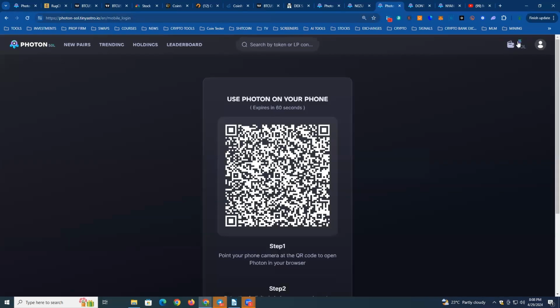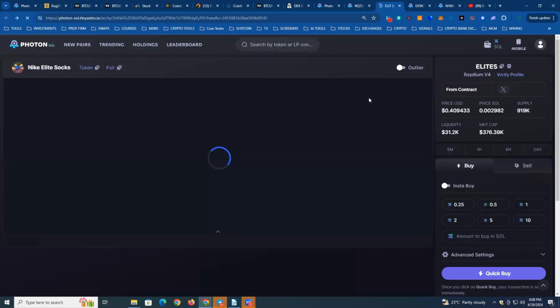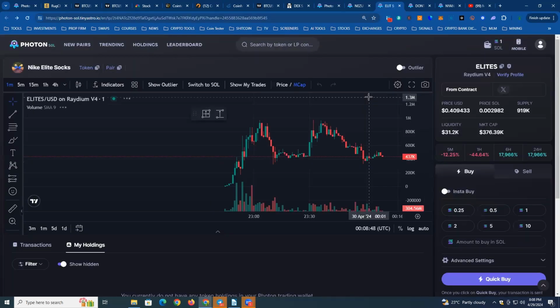But it allows you to trade using a multitude of fast acting tools. This was a lesson that was really designed for persons who had difficulties understanding the Telegram bots like Bonk bot and things of that nature.